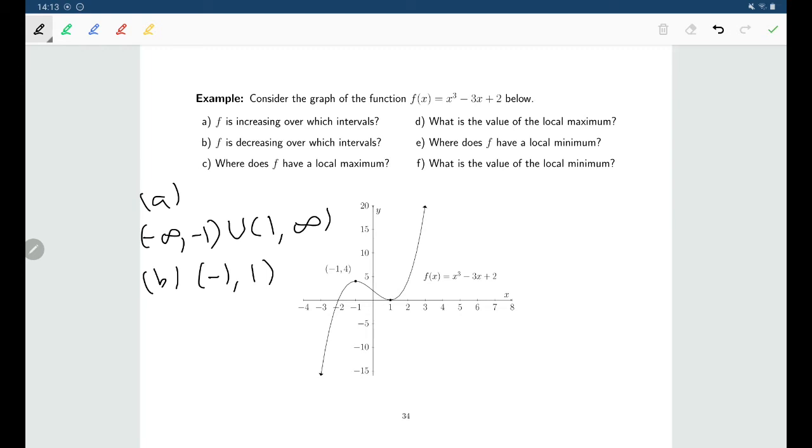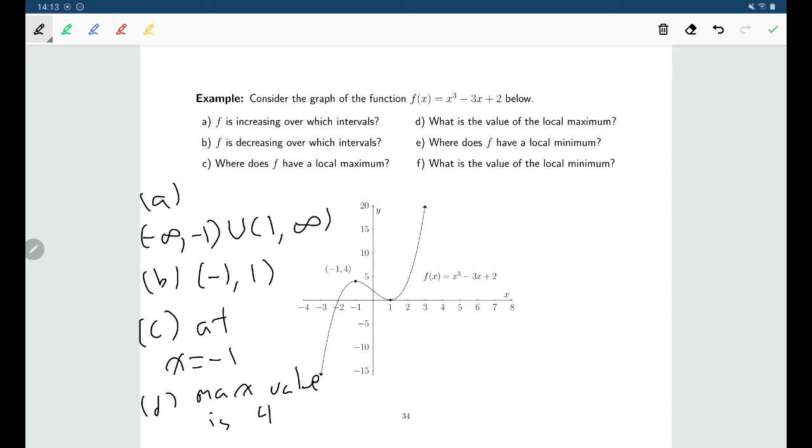So where does it have a relative maximum? Well, at x equals -1. That's where the maximum happens. What is the maximum value for the function? The maximum value is the y value, and the y value happens to be 4.